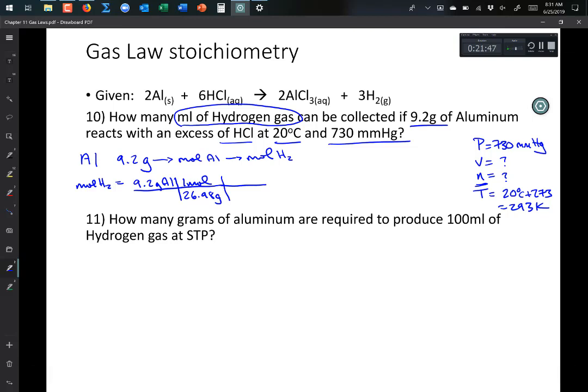And then I need my mole ratio between aluminum and hydrogen. So there's 3 moles of hydrogen for every 2 moles of aluminum.